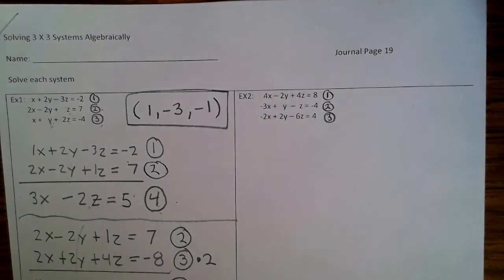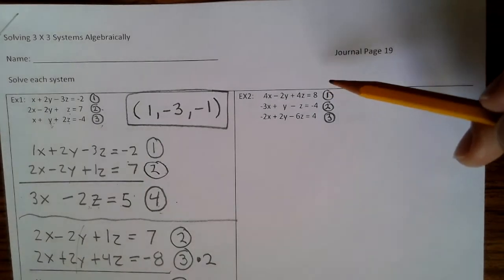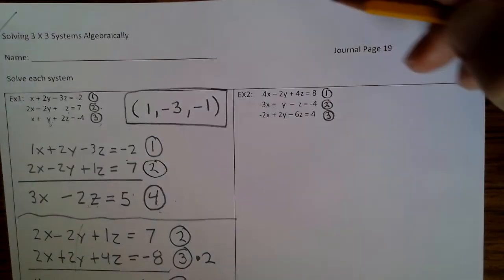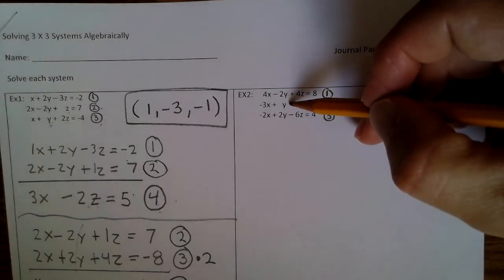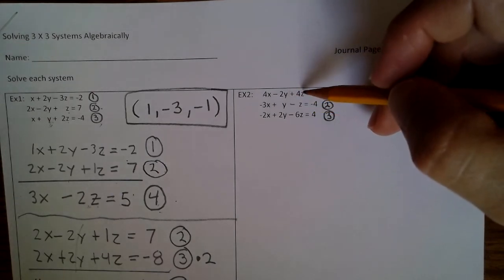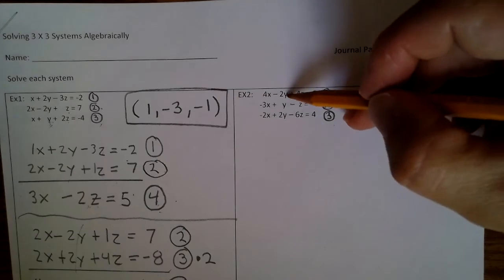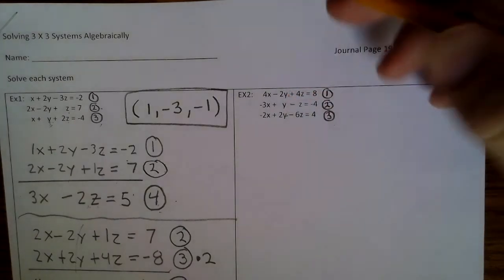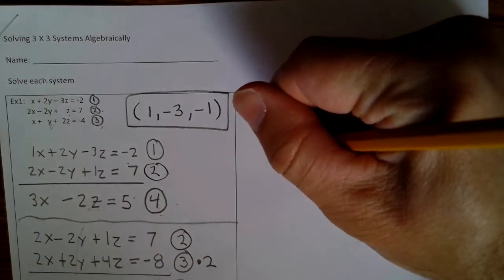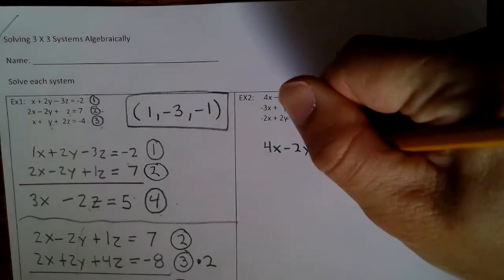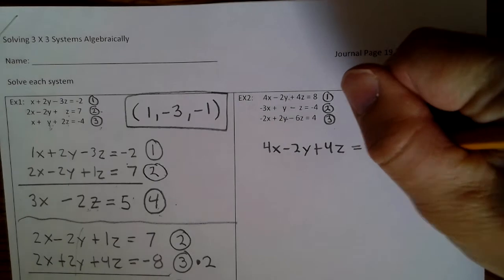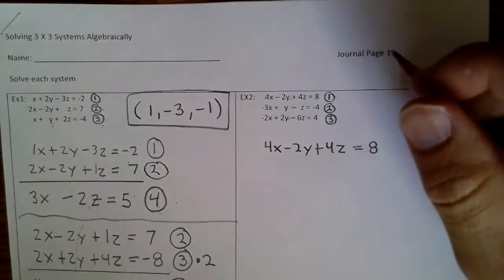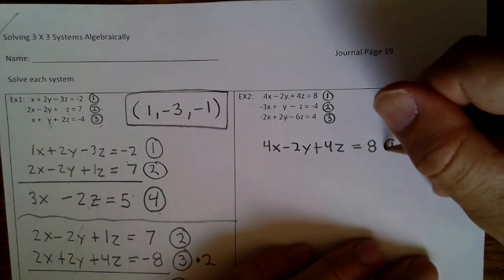Now we're looking to eliminate in either equations 1 and 2, 1 and 3, or 2 and 3. I don't see anything eliminating in these, but wait. Equation 1 and 3. The negative 2 and the positive 2 will eliminate. So we're going to work with equation 1 and 3 first. So 4x minus 2y plus 4z equals 8. And then that's equation 1.